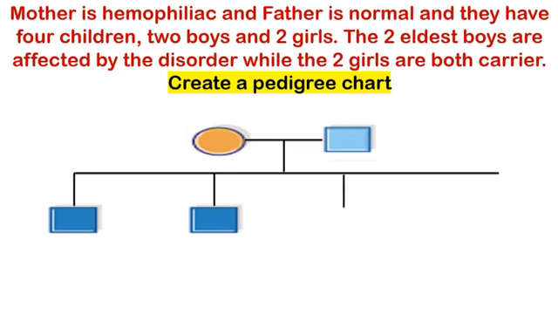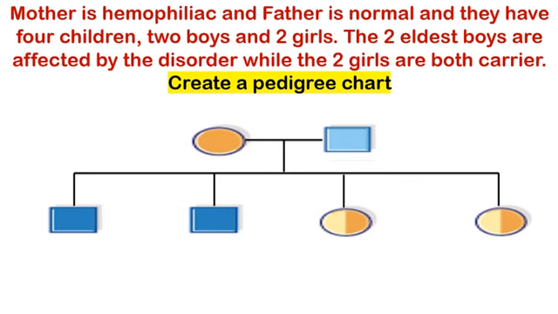And the two girls are both normal but carriers. The symbol for carrier is just like this. Okay? So there you go. You are now finished creating your pedigree chart out of this problem. That is the way you can illustrate the pedigree chart.